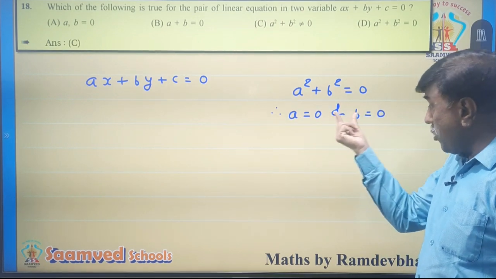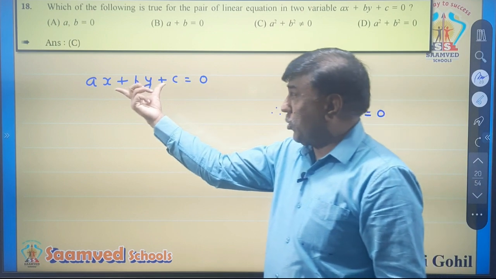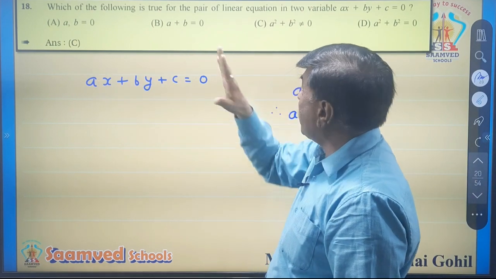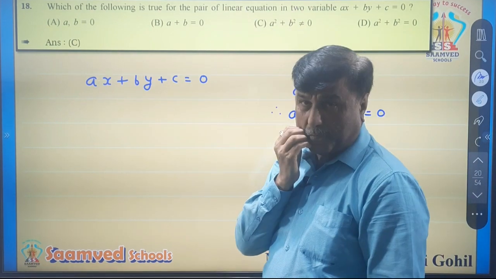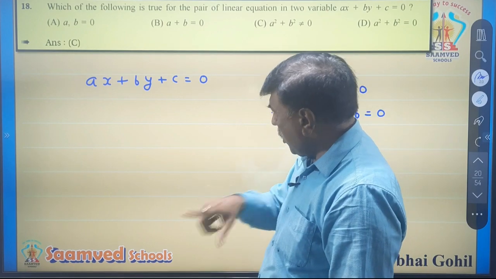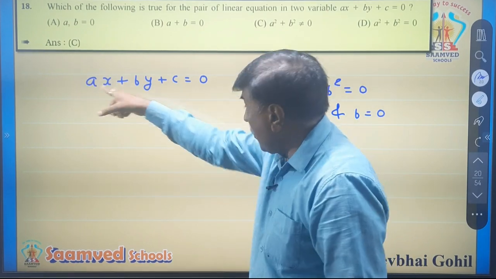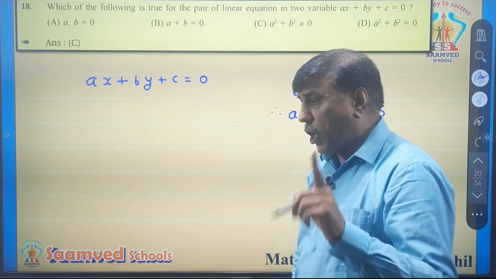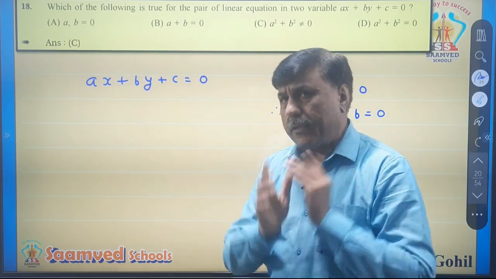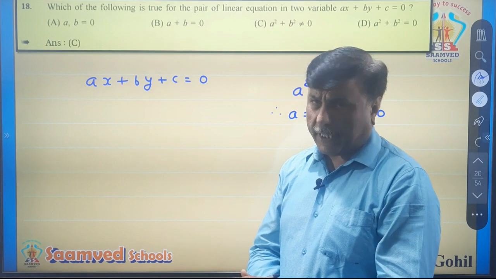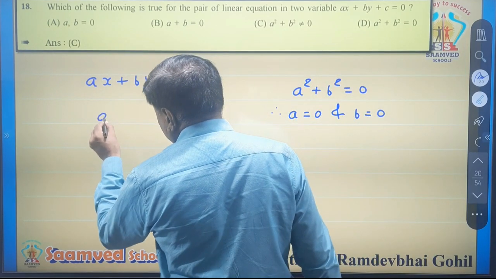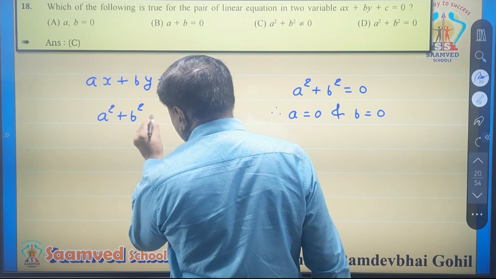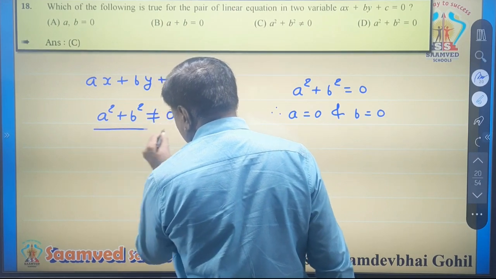If a is equal to 0 and b is equal to 0, then this equation is not a linear equation. If you want to say this is a linear equation, then a and b should not be 0 simultaneously. Right? So the condition will be a square plus b square does not equal 0.